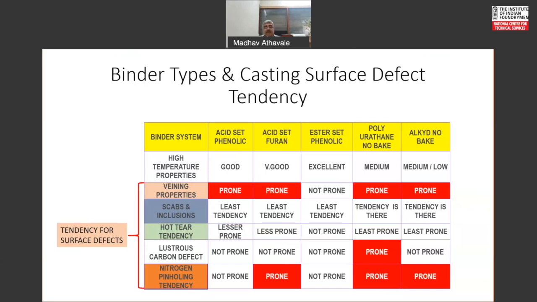In terms of veining and scab, it would have much less tendency for formation of these defects, but it will have higher hot tearing tendency because of its poor collapsibility. Lustrous carbon question will not arise there, and nitrogen pinholing tendencies also will be less with the sodium silicate binder system.